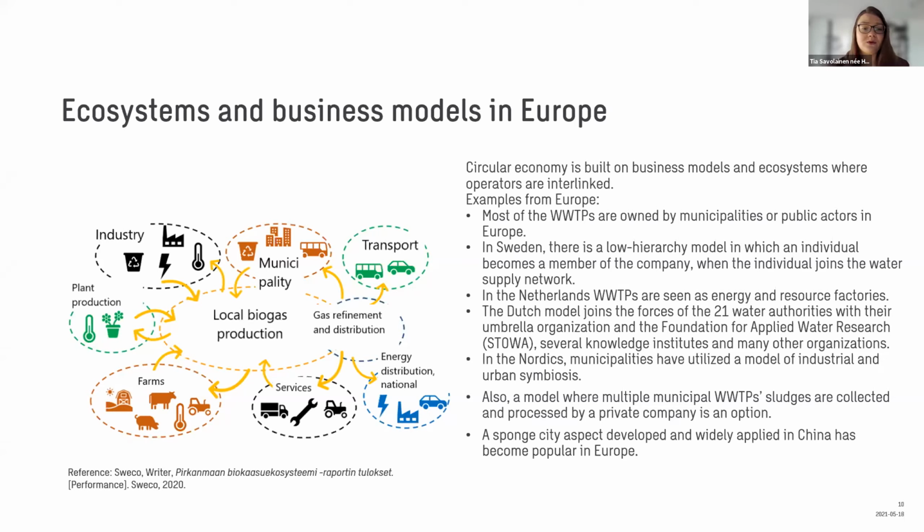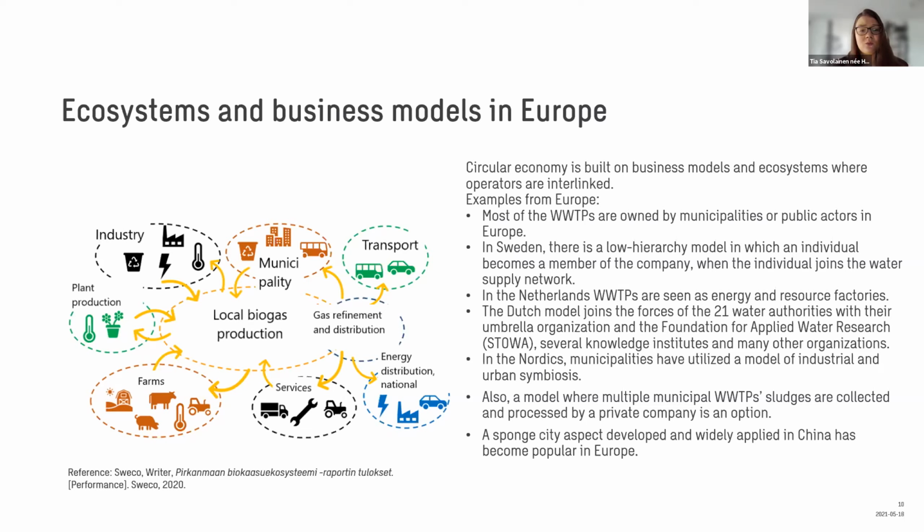Most of the wastewater treatment plants are owned by municipalities or public actors in Europe. In Sweden, there's a low hierarchy model in which an individual becomes a member of the company when the individual joins the water supply network. And in the Netherlands, wastewater treatment plants are seen as energy and resource factories.